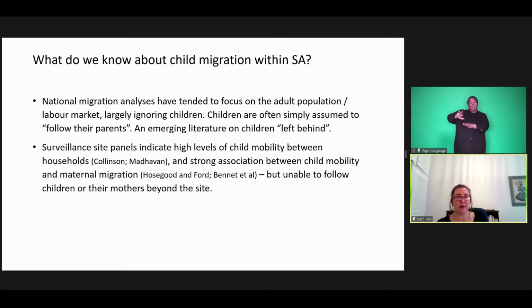And the rural surveillance sites, which operate as panels, indicate high levels of child mobility between households, and also a strong association between child mobility and maternal migration. A limitation of them is that, especially given the rates of cross-provincial migration and urban-rural migration, they are unable to follow children or their mothers beyond the site.